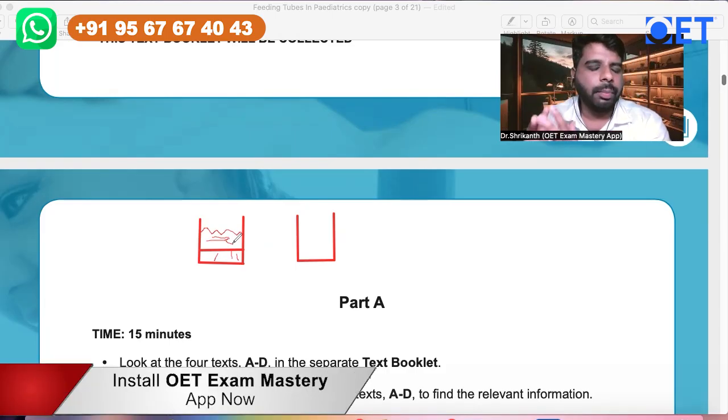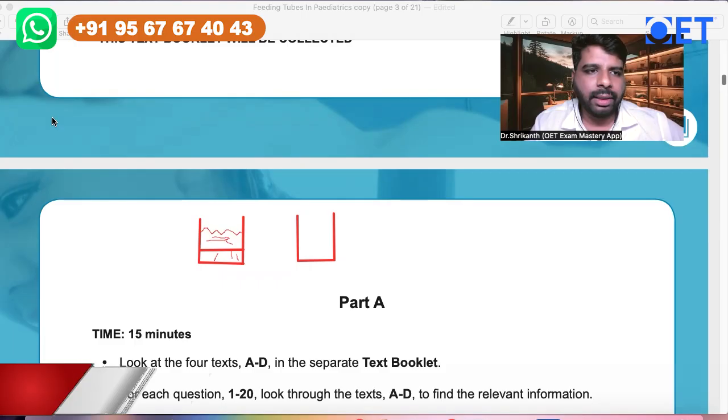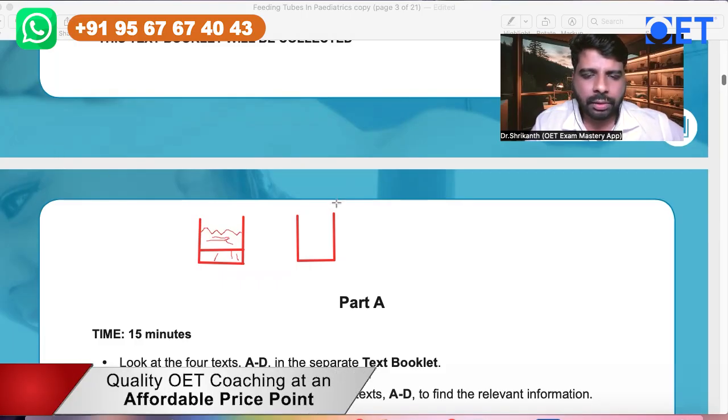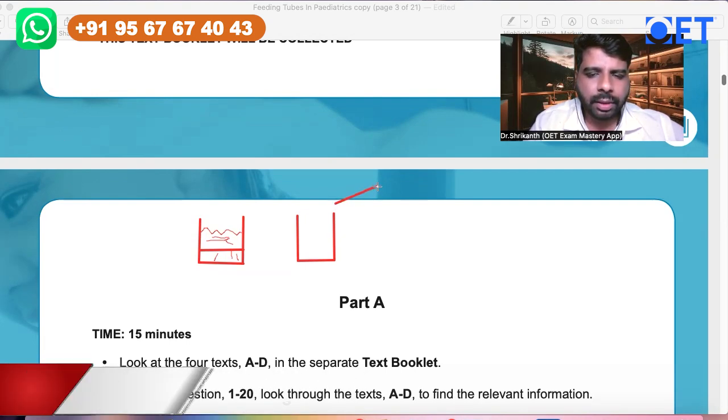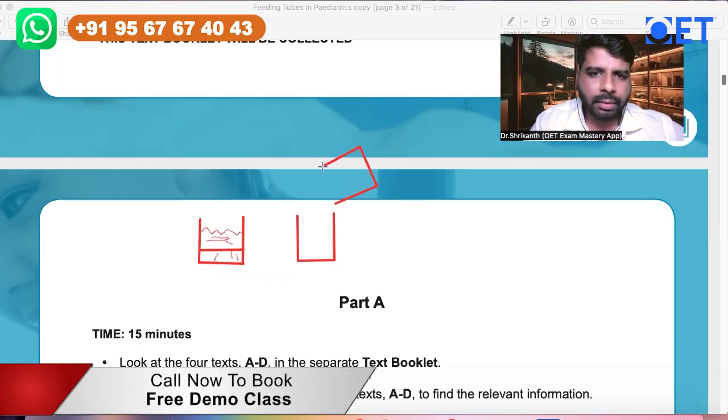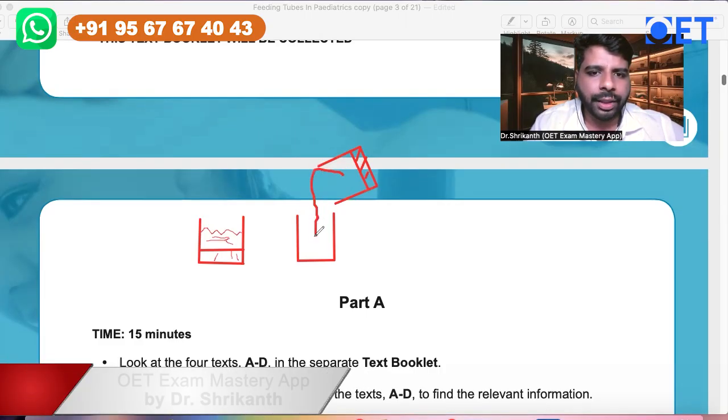So what is decantation? Decantation basically means pouring the upper layer. So just imagine this is the medicine part, and only the water is going here.